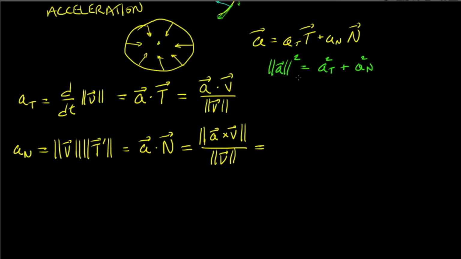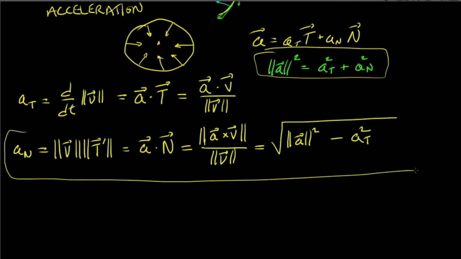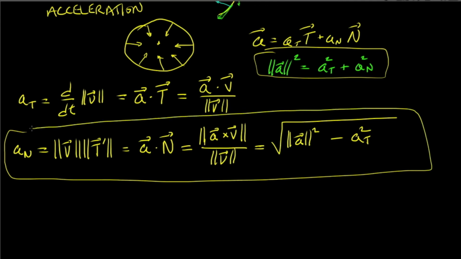This is essentially just the Pythagorean theorem. So you can calculate the normal acceleration by taking the square root of the magnitude of the acceleration vector squared, minus the tangential acceleration squared. So any one of these will calculate the normal acceleration, and any one of these will calculate the tangential acceleration.